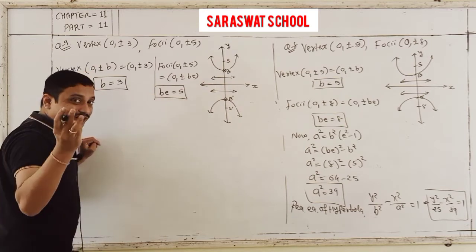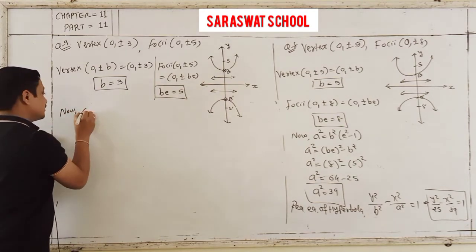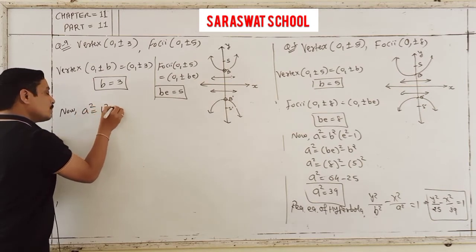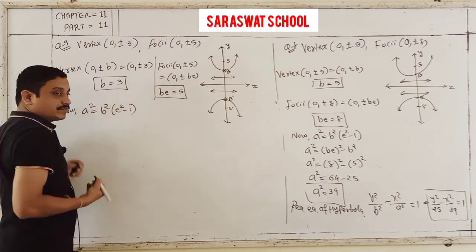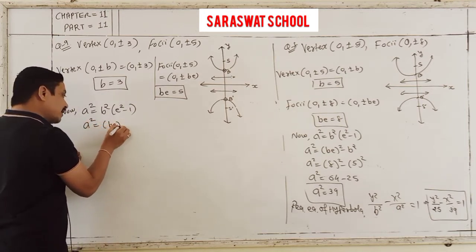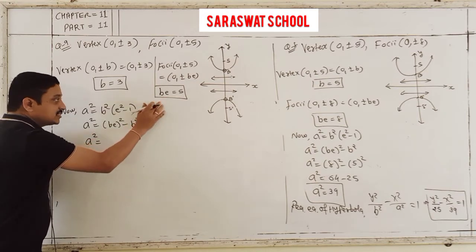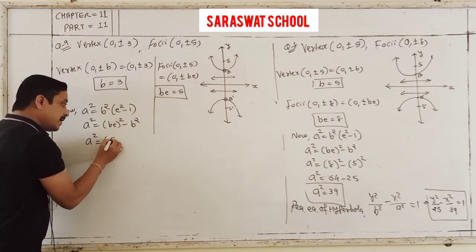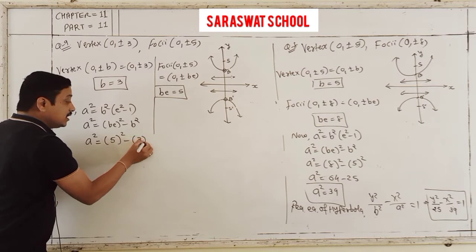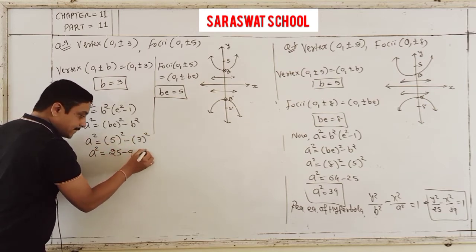Now go to the third formula: a square is equal to b square minus b square. Now b is simply 5 and the other is 3 square, I mean 25 minus 9, which is 16.